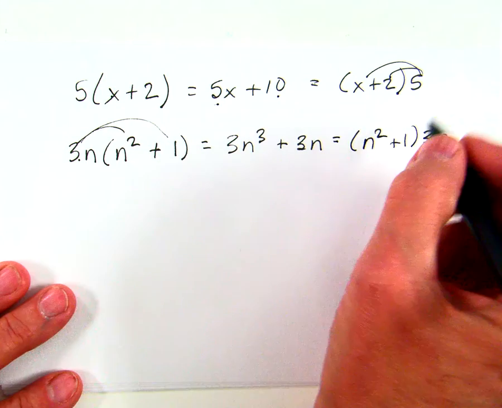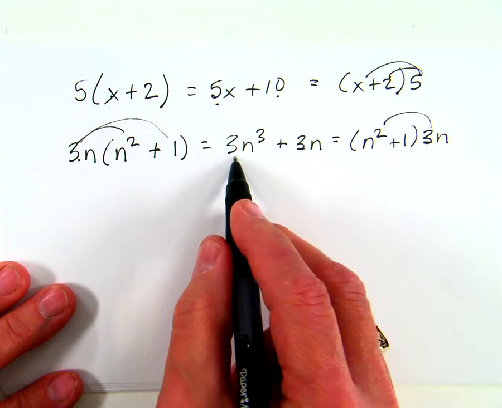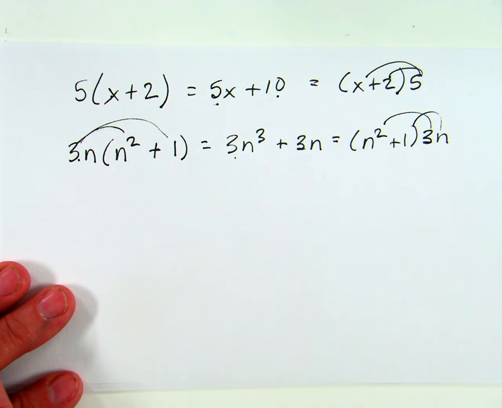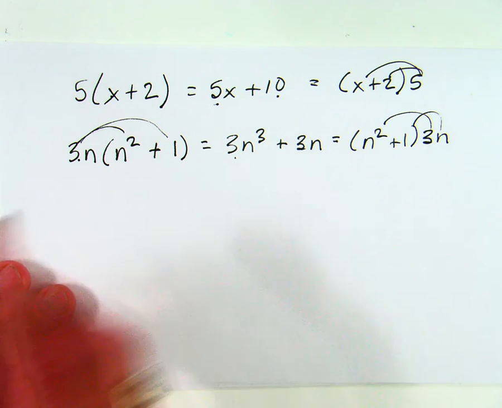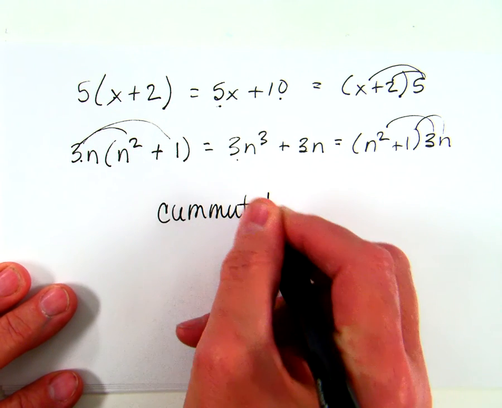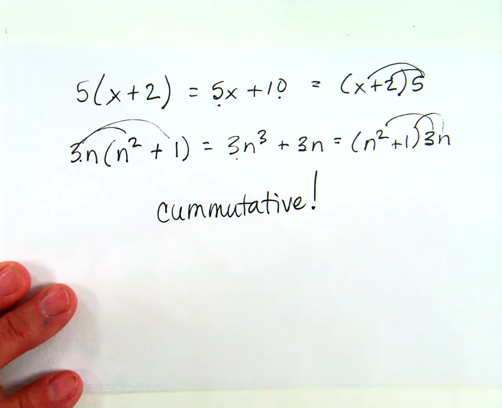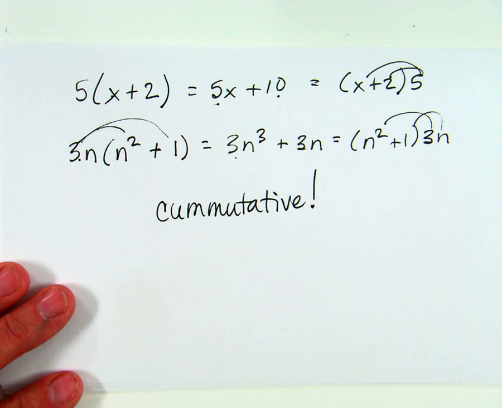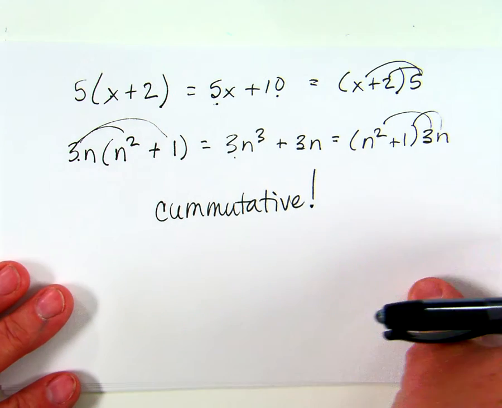Wouldn't matter. 3n times n squared is 3n cubed. 3n times 1 is 3n. Why does it not matter? The multiplication is commutative. So whenever everything is all multiplication, it doesn't matter which order they're in. Okay, up to the next level.